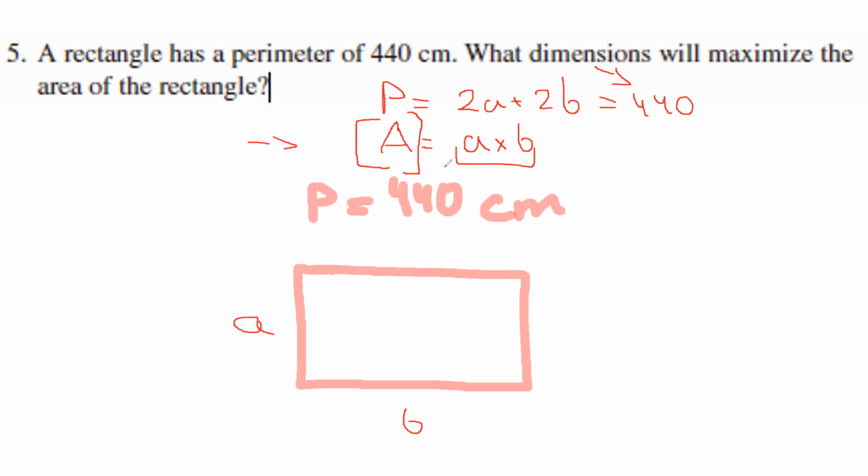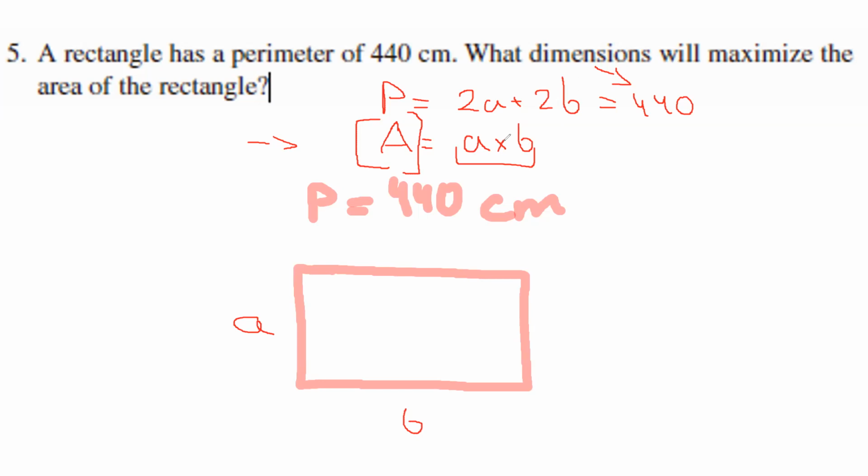Another problem is I'm working with a rectangle, not a square, because a square would be fixed with a perimeter of 440, right? It would be only one possible shape. That's why I'm working with a rectangle.